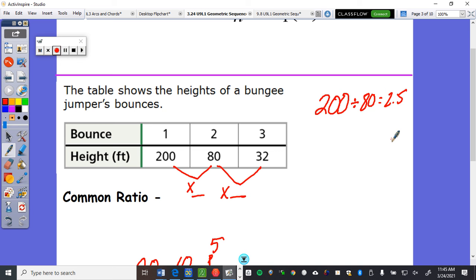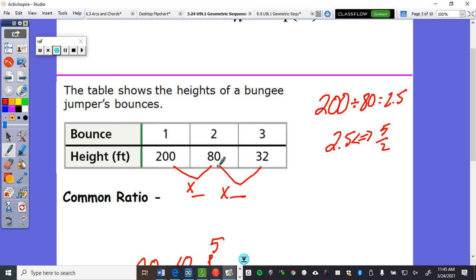Now 2.5 as a fraction is 5 over 2. But I'm not multiplying by 5 over 2 each time, I'm multiplying the other way.